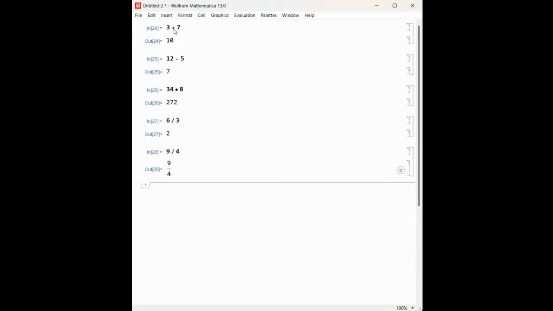But now, if I want the numerical value of this, I will put N, and then put the number, say 9 divided by 4, hold your Shift key and press Enter. It will give you the numerical value. So that's how we use this one. Good. So that's the first thing we need. So the simple arithmetic can be done.